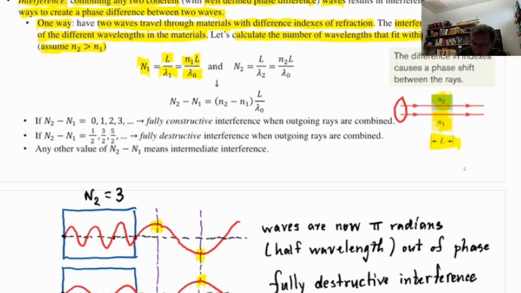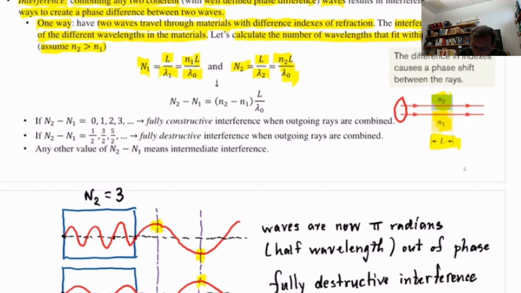I get a similar expression for big N2, the number of wavelengths that fit within block 2. It's the length L of block 2 divided by the wavelength of the light in block 2. But that can then be written this way: the index of refraction, little n2, times L over the wavelength in vacuum, lambda naught.